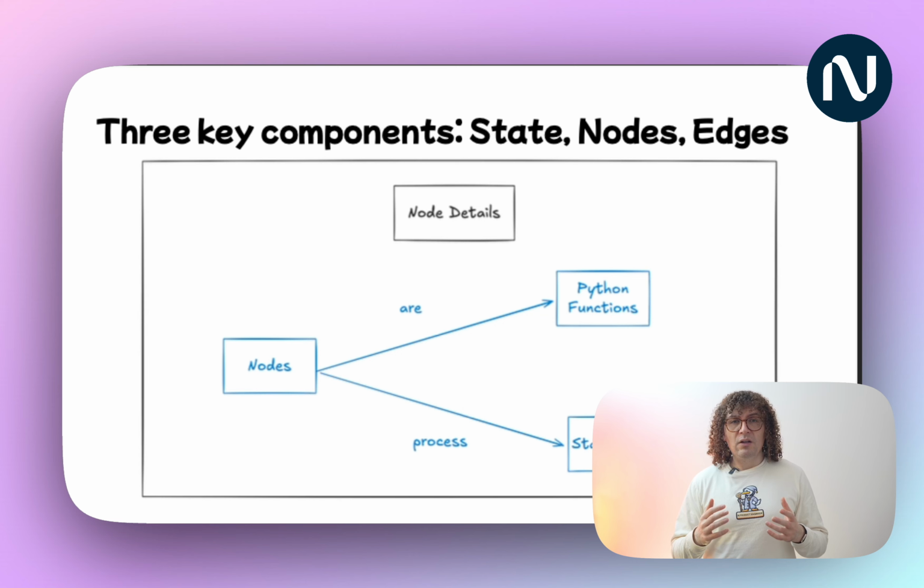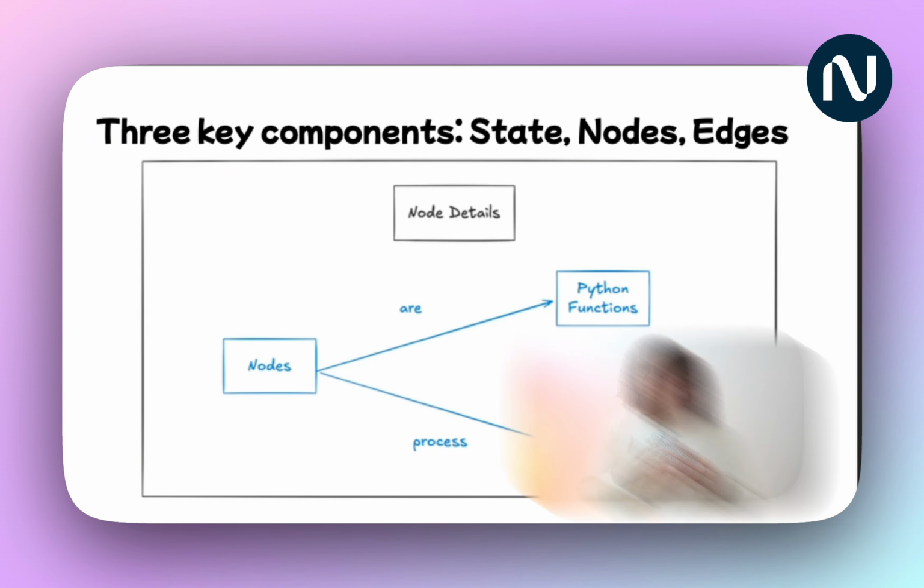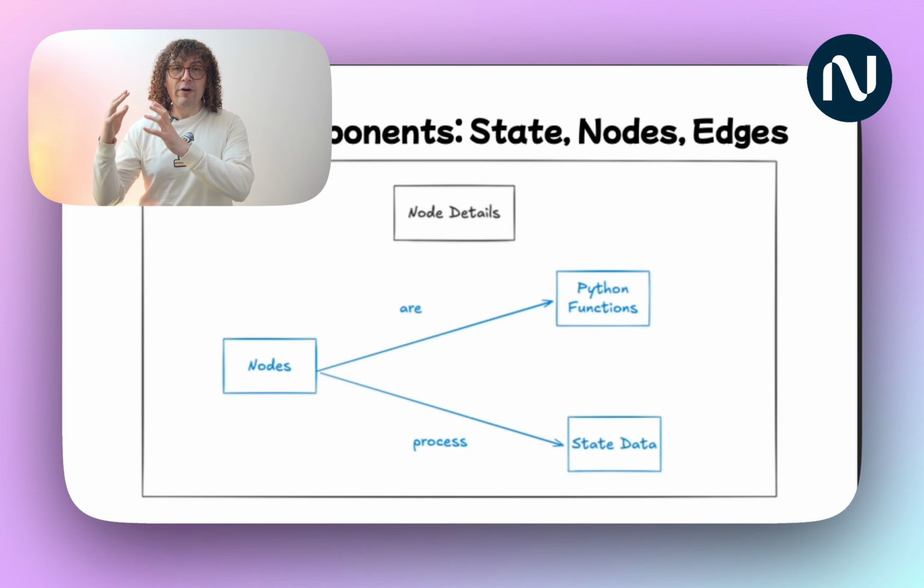In a nutshell, the nodes are Python functions. Their role is to process state data. We've seen how nodes can be other agents, they can be just functions, querying tools, but nodes are basically the core building block where we'll be adding our logic for a given step.